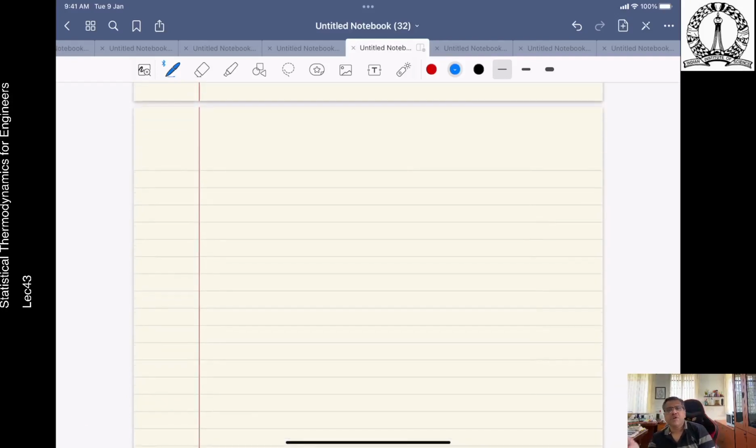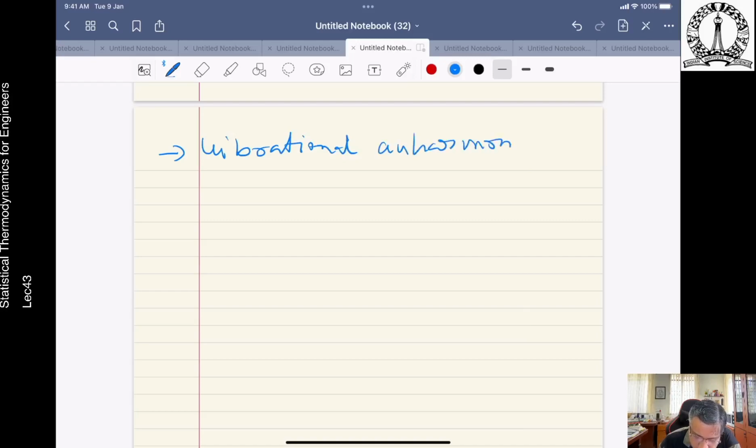So far what we have done is that we have been calculating the thermodynamic properties of a diatomic molecule. We have assumed complete separation of the energy modes, and in reality, of course, accurate calculations will require that the simple model is replaced by a more complex model for combined rotation and vibration. In other words, we should compare the effect of vibrational anharmonicity. So what we are missing: vibrational anharmonicity, right?